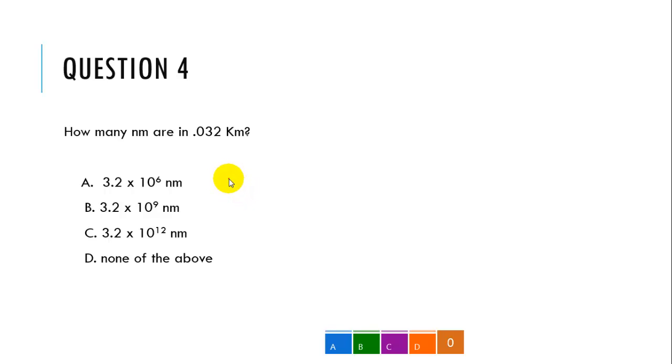All right, you're back with me. So 0.032 kilometers. Now watch how easy you can start doing these once you understand it. See, I just set it up so that my units cancel out. I'm going to convert this to meters first, and there's 1,000 meters in a kilometer.